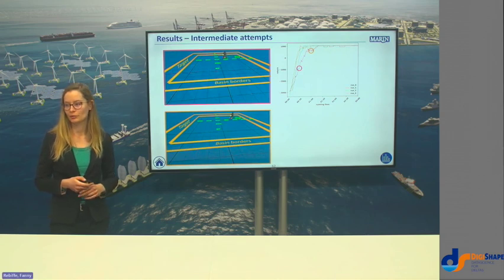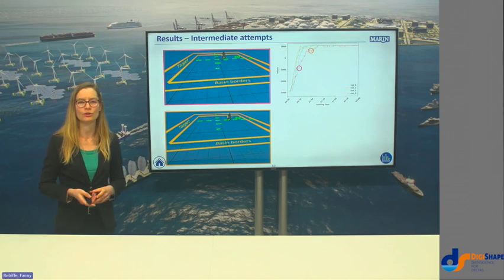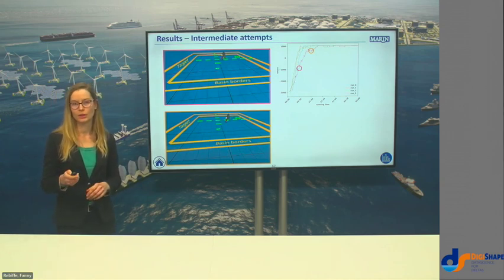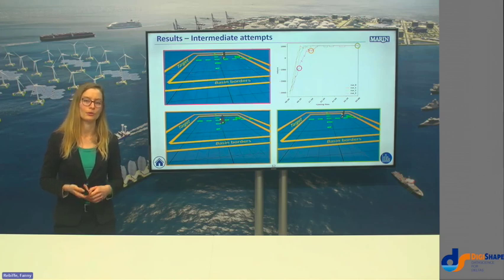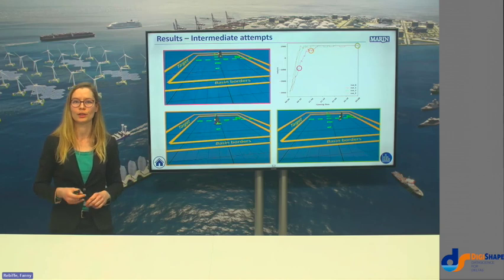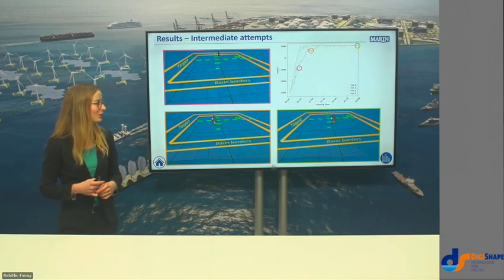After 1 hour, it does proper tacks. It is just still a bit slow. And finally, by the end of the training, after 3 hours of training, the agent is able to sail properly and do fast tacks to reach the target.